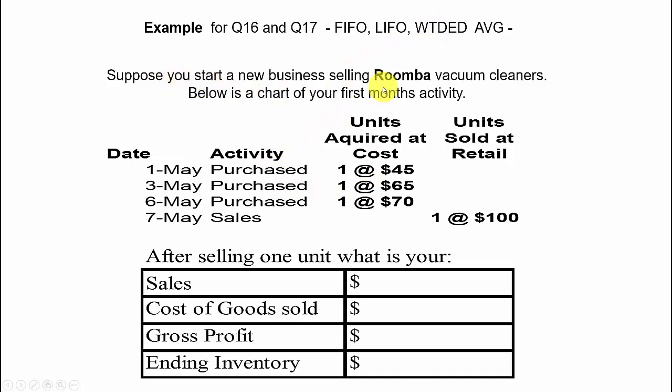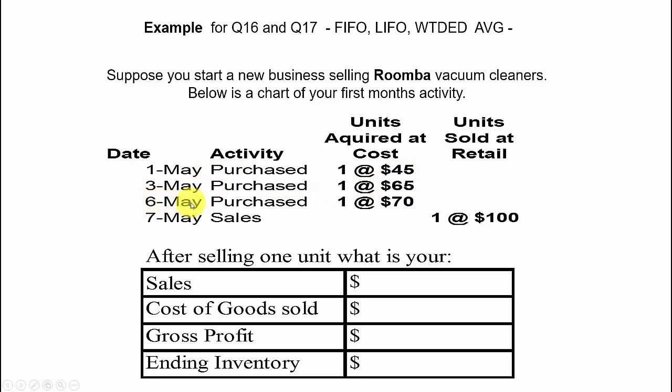But let's suppose you start a business. It's called the Roomba vacuum cleaner business, and you are buying these vacuum cleaners to turn around and resell them. So on May the 1st, you bought one at $45. On May the 3rd, you bought another one at $65.